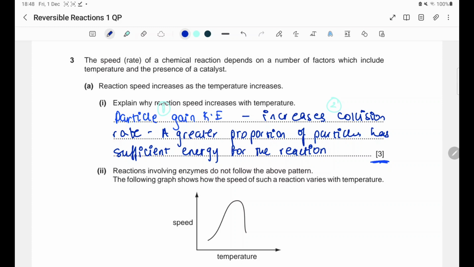This you can have memorized. Why does the rate of reaction increase when temperature increases? Particles gain kinetic energy, causes them to collide more often, increases the collision rate, and a greater proportion of particles has sufficient energy for the reactions.